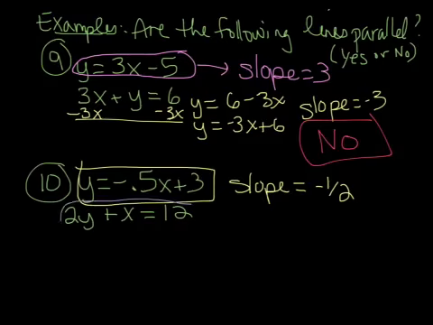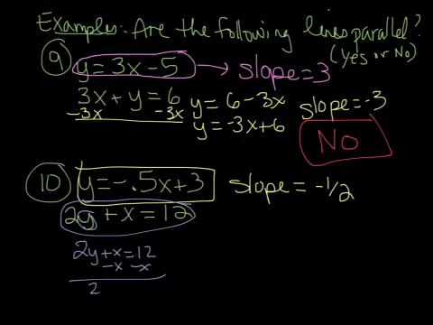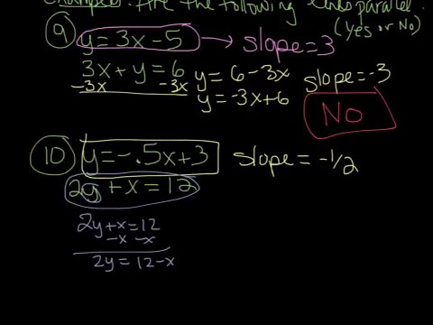And for this one, I'm going to start by solving for this y right here. I need to move over my x first by subtracting it from both sides. That gives me 2y equals 12 minus x. The next thing I need to do is divide both sides by that 2.